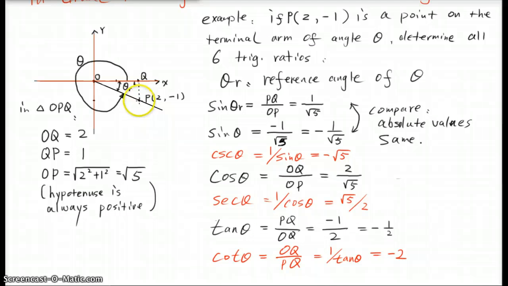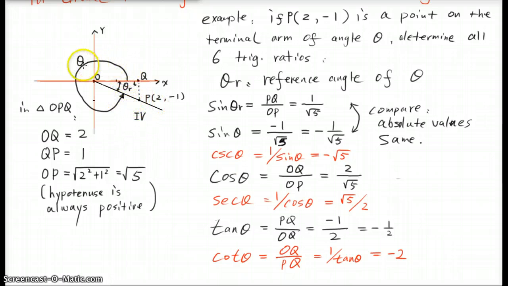So it's in the fourth quadrant. Right, and then if you decide this point, you can draw the terminal arm here, and you can see the angle means starting from the initial position and then turning all the way to here. Of course we can have many more co-terminal angles that also end at this terminal arm, but they should have the same ratios.